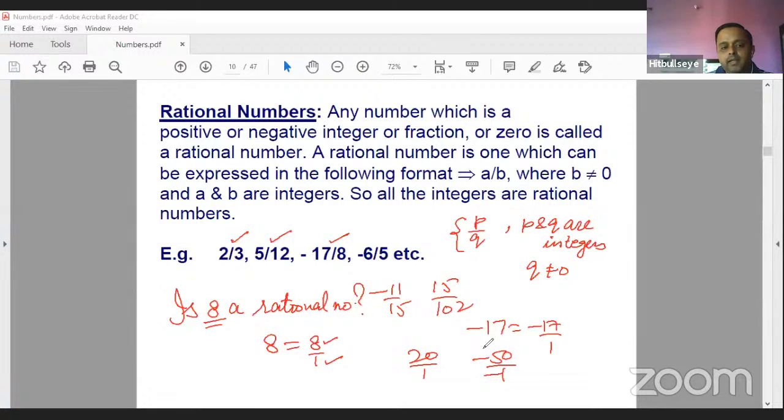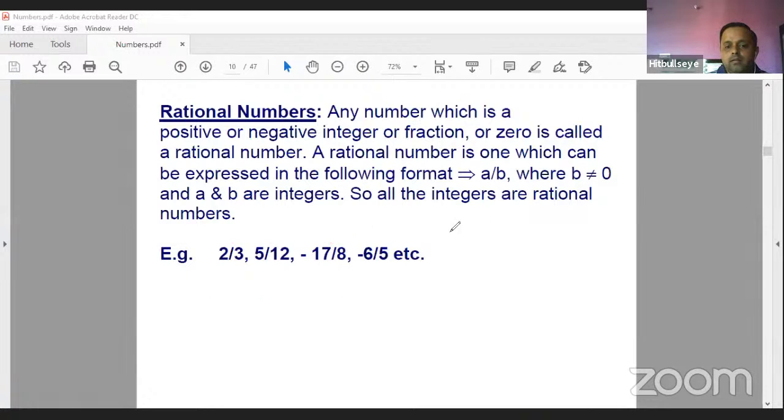Every integer is a rational number. So every natural number was a whole number, every whole number was an integer, every integer is a rational number. That means we can collectively call all these numbers the rational numbers.